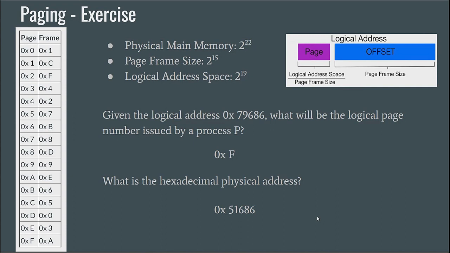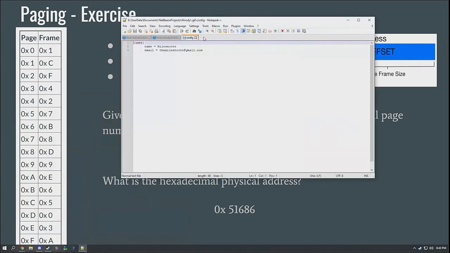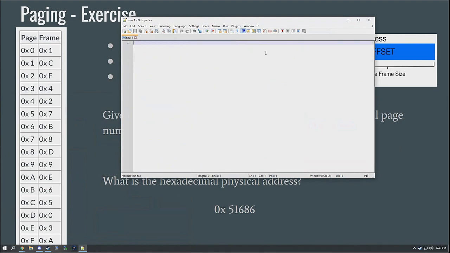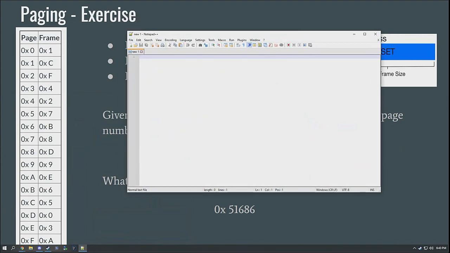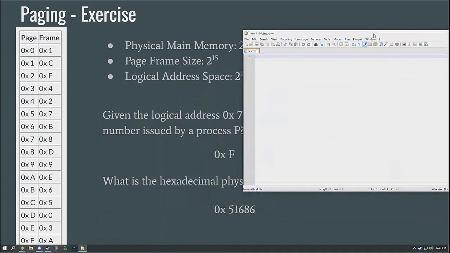Wait, maybe repeat that again. Sorry. Yeah, it might be helpful. Chris, could you open up a notepad quick? That'd be really great. So you have your hexadecimal number 0x79686, right?